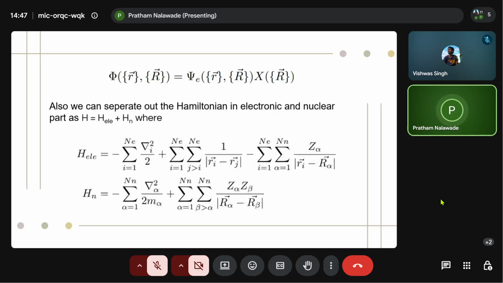So this is the electronic part, and the other one is the nuclear part, where you can see that in the nuclear part you have the kinetic energy term and the potential term of the nuclei. So these two terms are only concerned with the nuclei part of the wave function.